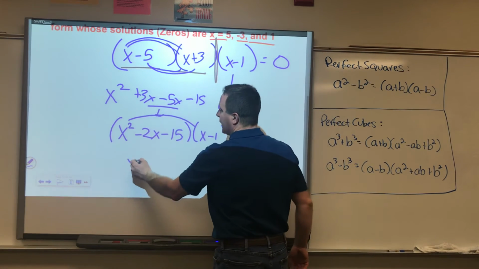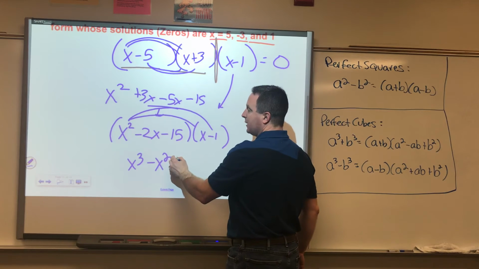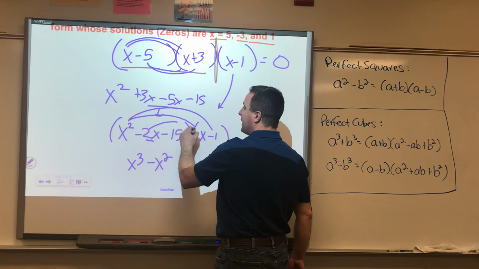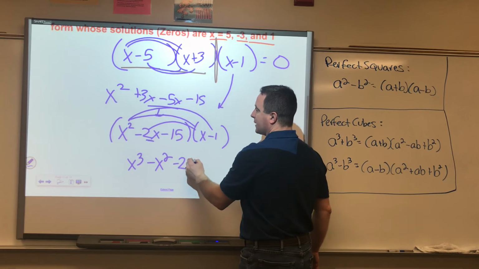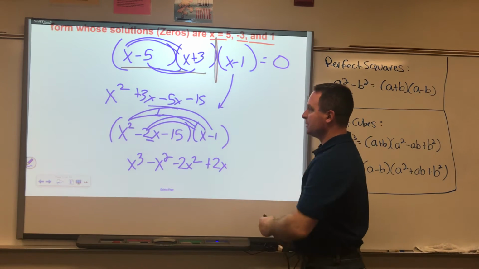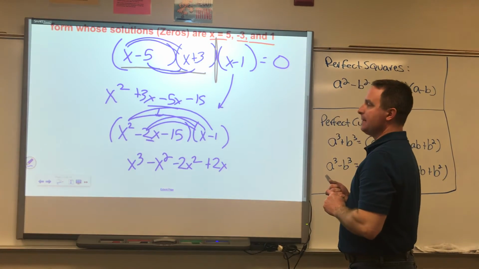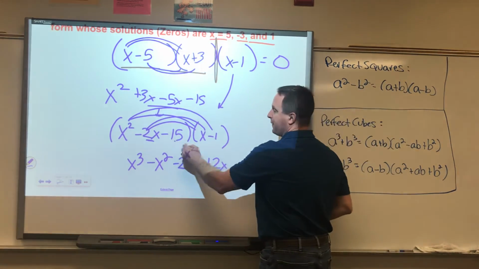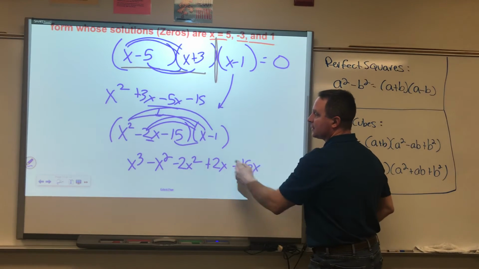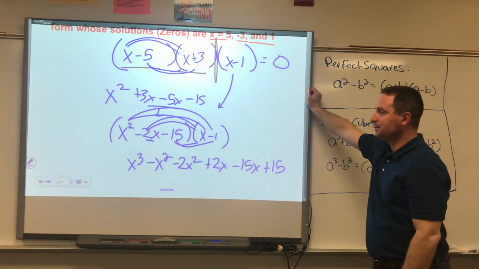If I go here, I get x cubed minus x squared. Then I'm going to take that 1 through, minus 2x squared plus 2x. And then I'm going to take the 15 through, minus 15x plus 15.